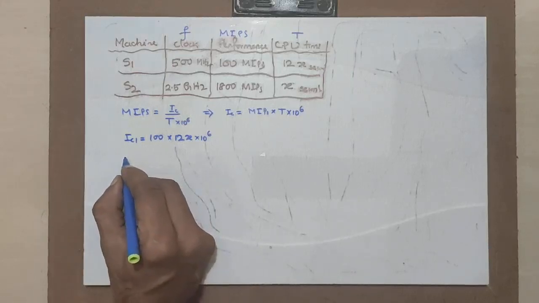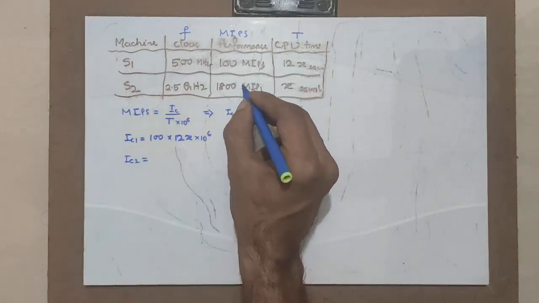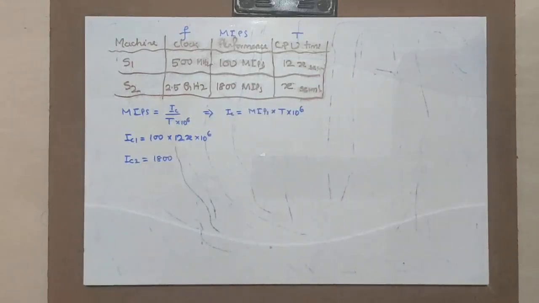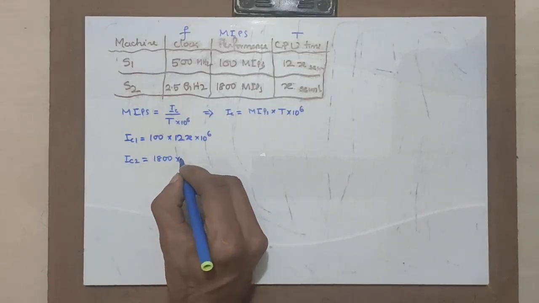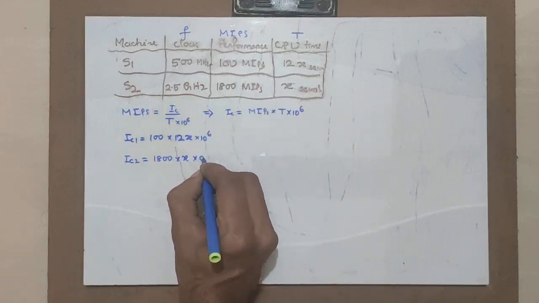This is the instruction count for the first machine. Let us evaluate for the second machine. IC2, MIPS rate 1800, into T, which is x, into 10 raised to 6 factor.